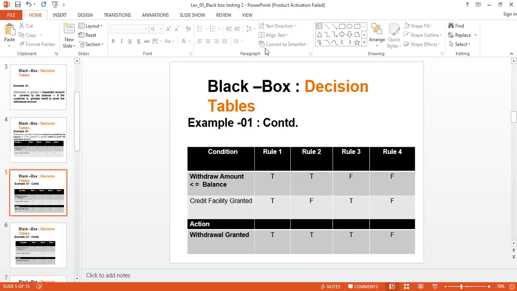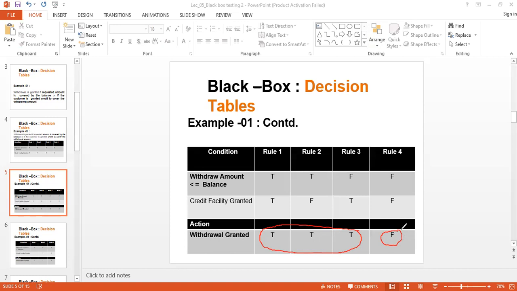For example, if I go to this particular table, you can see I have false and true actions, meaning this particular action can be performed or not.